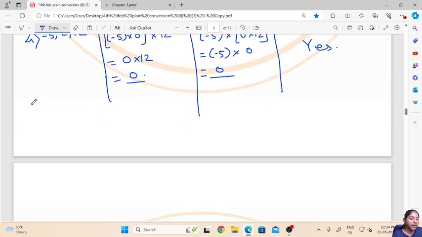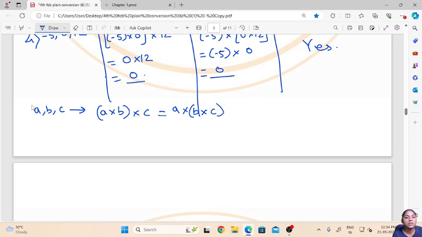Thus we find that for any three integers a, b and c, a multiplied by b multiplied by c is equal to a multiplied by (b multiplied by c).